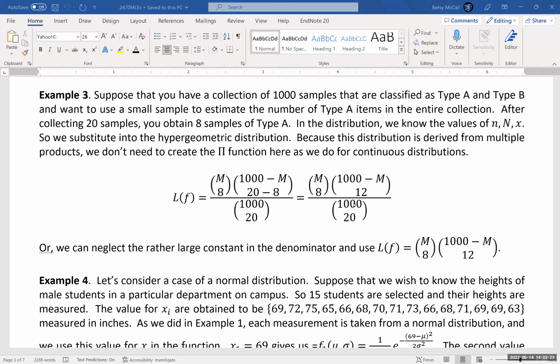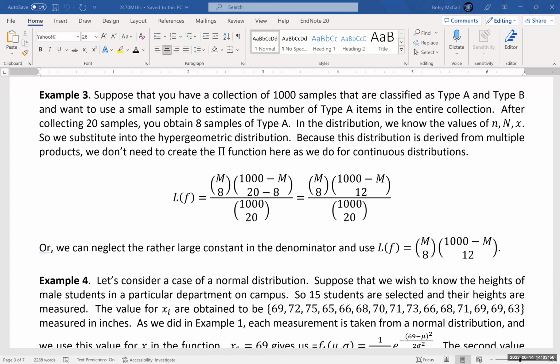So there's multiple events already buried in this function, and so we don't have to do that multiplication because it's already built in to this particular scenario. Again, this is one of the reasons why I disliked using the binomial distribution as a base example, because it works out a little differently: the binomial distribution is already a collection of multiple events, and that is deceptive relative to other examples.